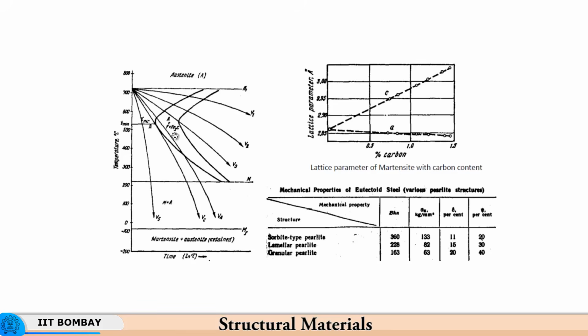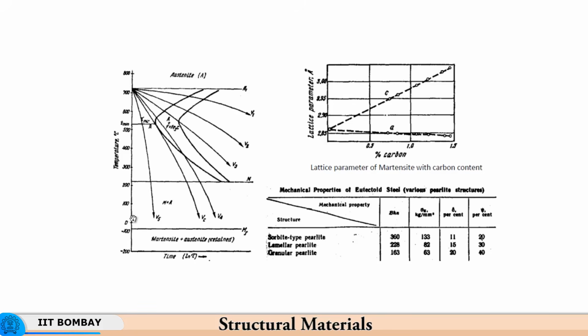Now the question is, does the austenite and cementite remain as they are, or is there any further transformation beyond this? The answer is that there is a transformation where another phase called martensite gets formed. The martensite start is slightly above, say, 200 degrees centigrade, and then martensite finish is a little below room temperature, close to minus 100 degrees centigrade.